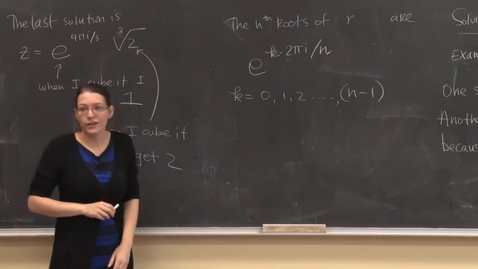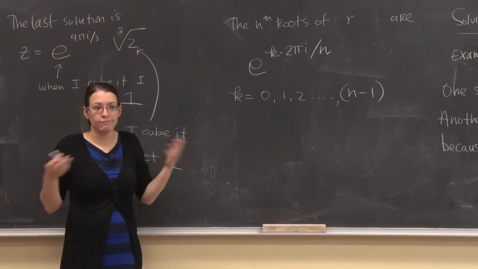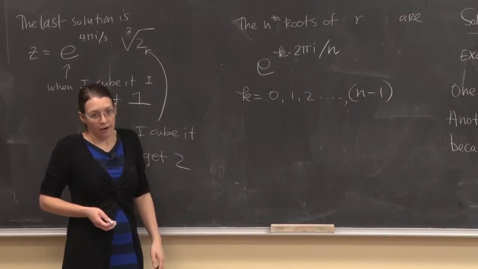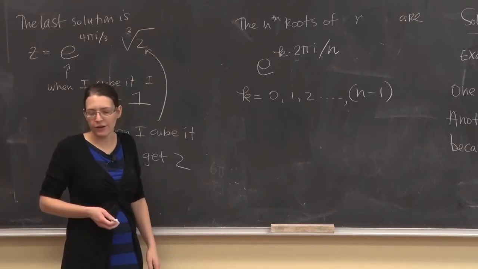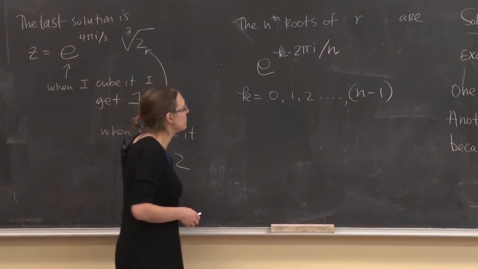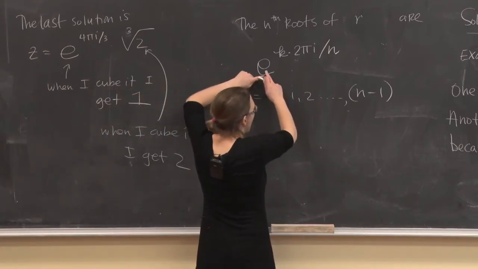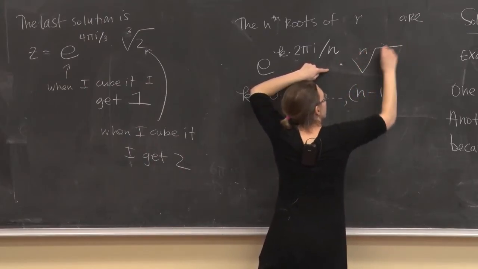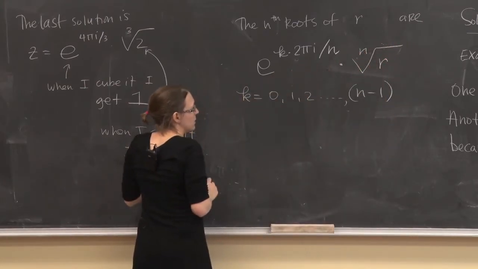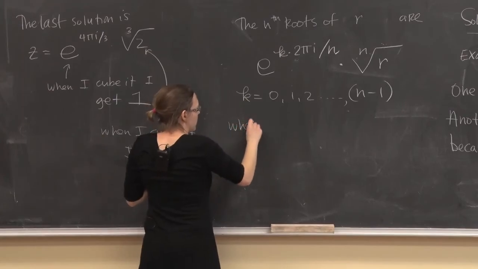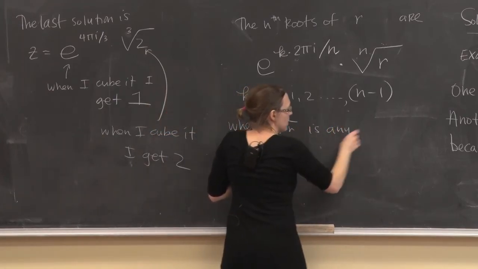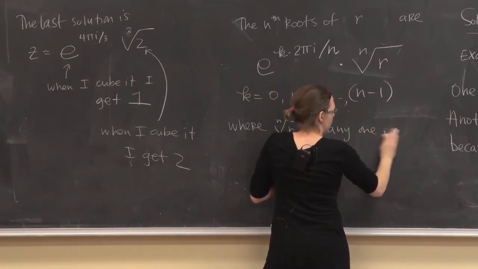So if I'm not doing 1, I can do a number. All of these are roots of unity times the nth root of that number, where the nth root is any one nth root.